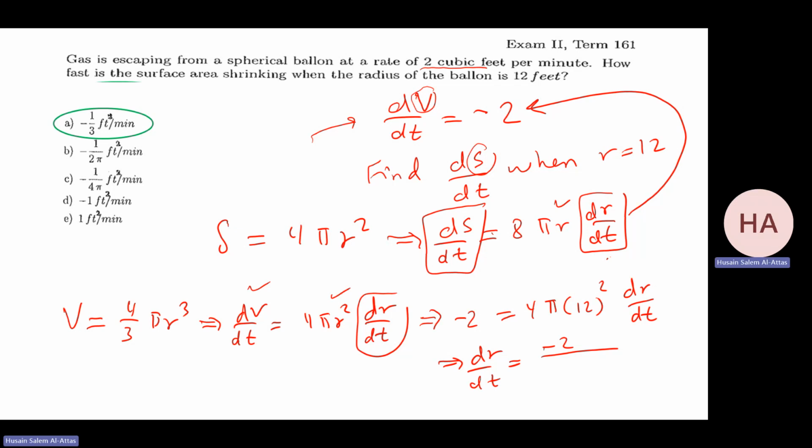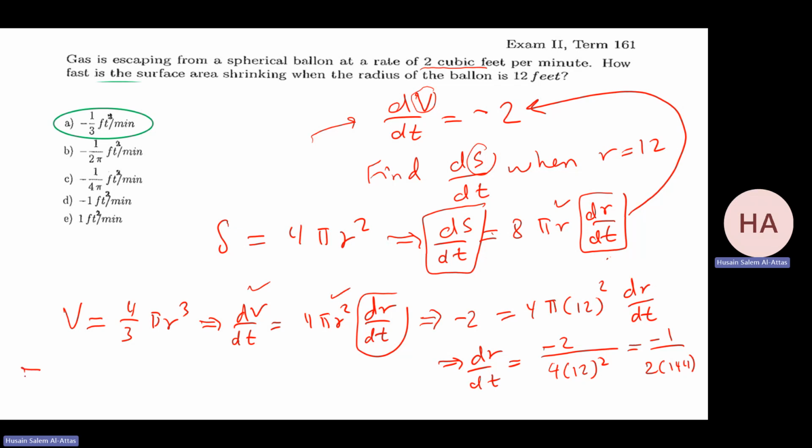How fast is the surface area shrinking when the radius of the balloon is 12 feet? r is 12. So this is minus 2 over 4 pi times 12 squared. In other words, it's minus 1 over 2 times 144 pi. Leave it like this.